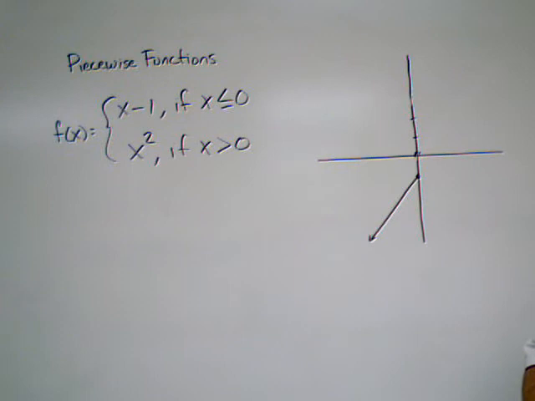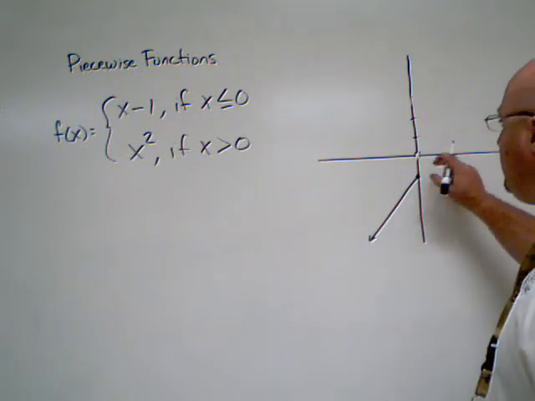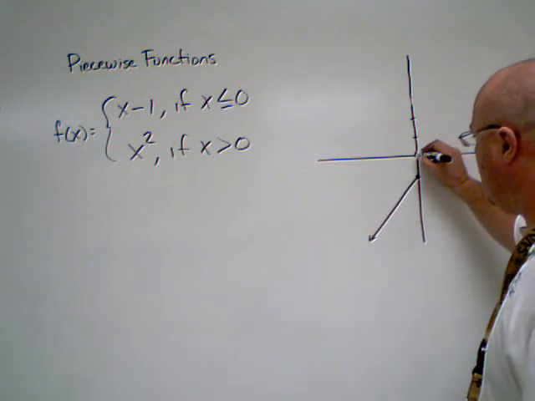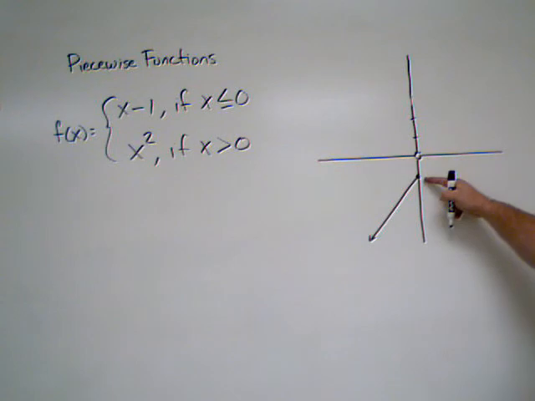It is defined where x is 0 in this piece. The second part is x squared if x is greater than 0. So again, we go back to our origin. And again, it's undefined here because it's defined in the first part of our piecewise function.